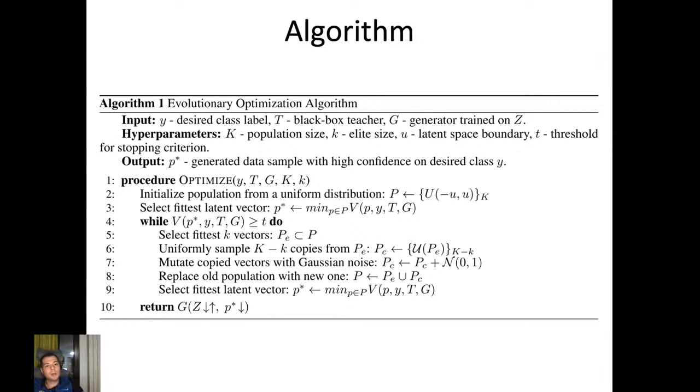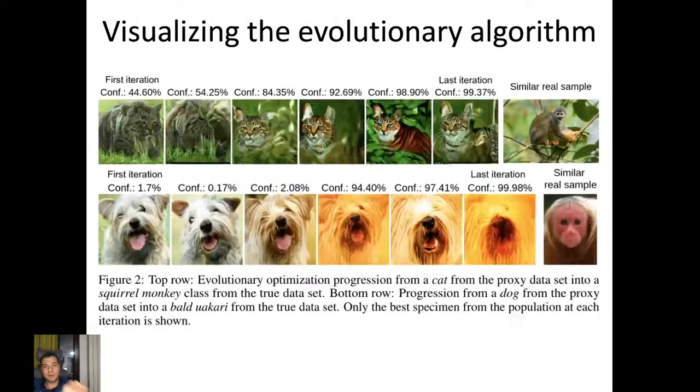Given the time constraint, I'm not going to go through the slides here, just visualize some results from the paper. Here we have a data set with cats and dogs that is used as proxy, and a target data set with different species of monkeys.